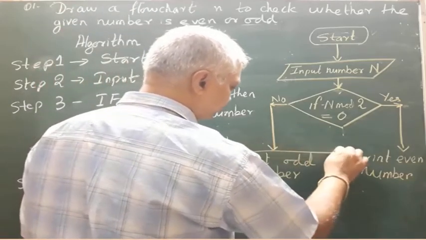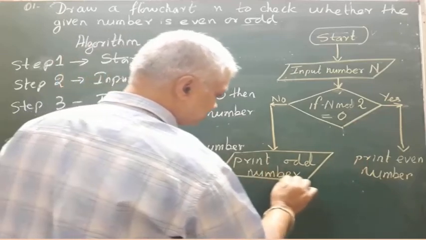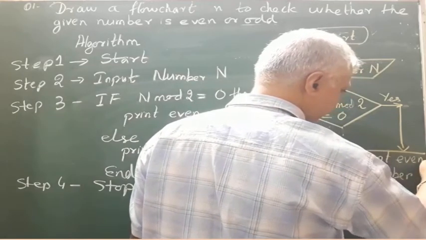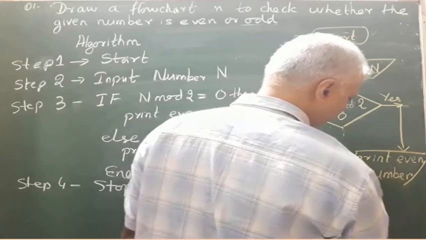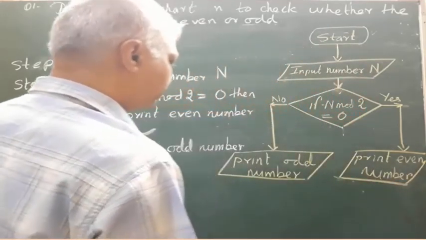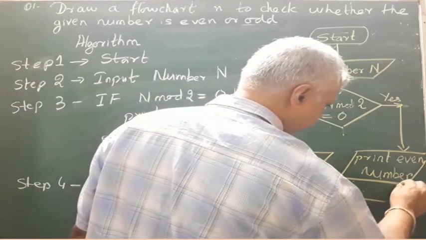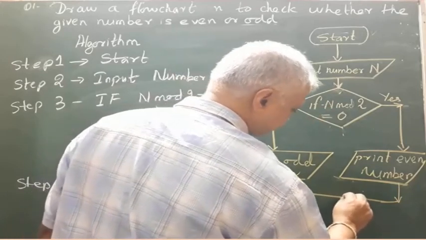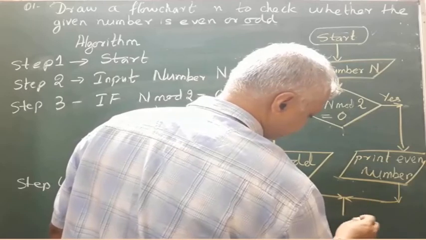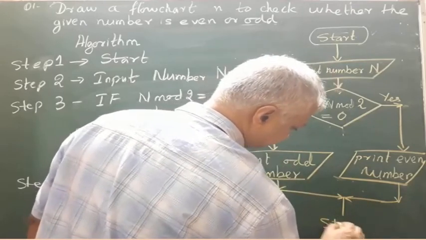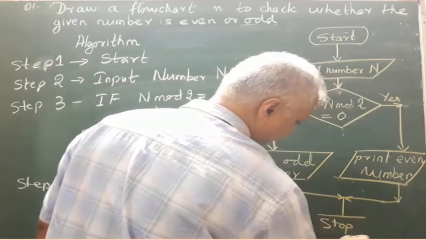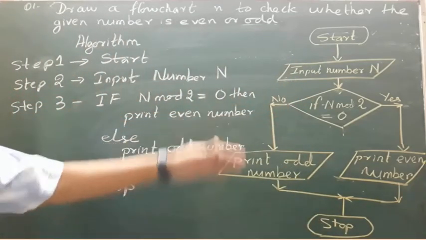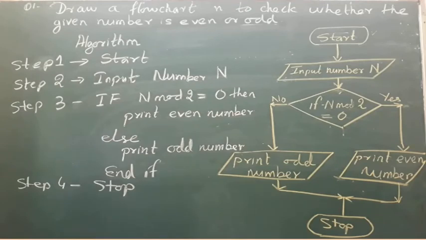So here, input output box. So this is the flowchart for the given algorithm.